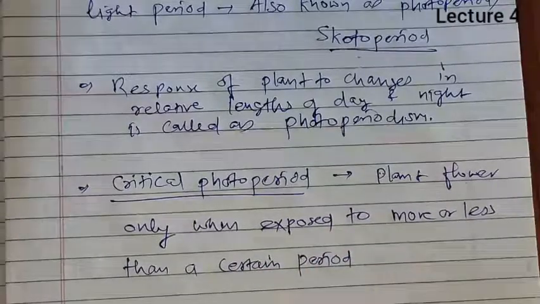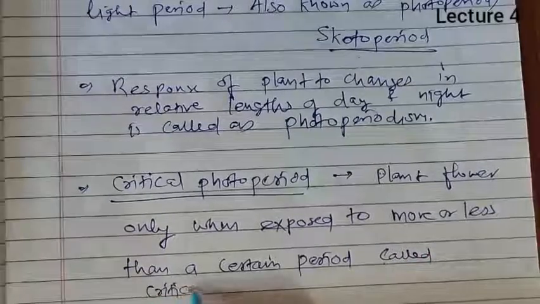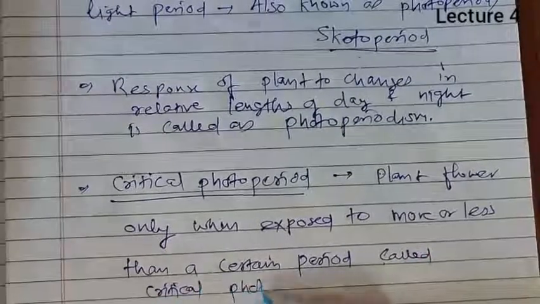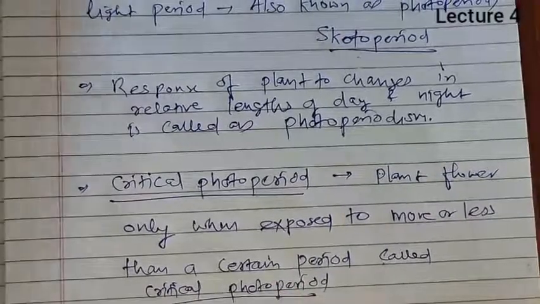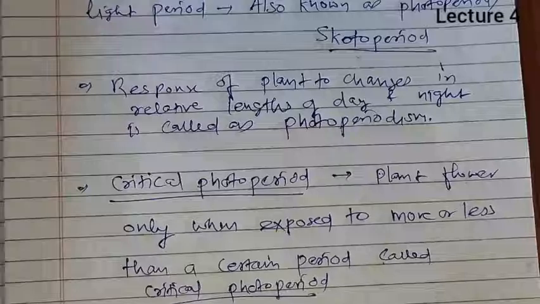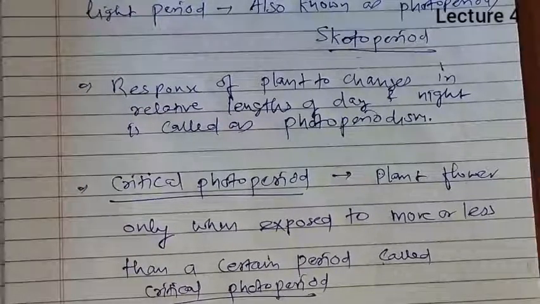More or less than a certain period, called critical photoperiod. Now this critical photoperiod also can vary for the different plant in different area.